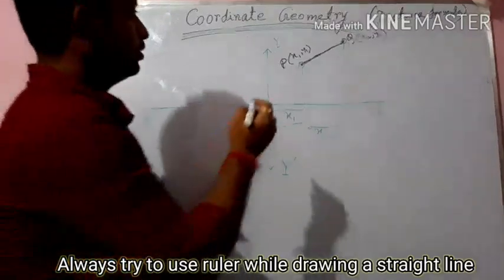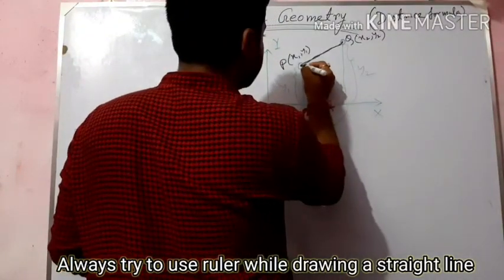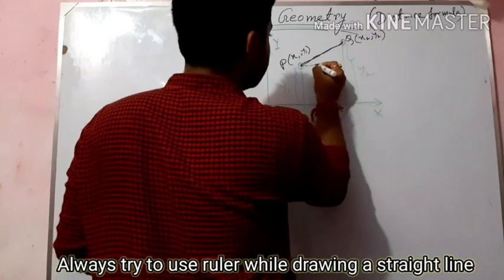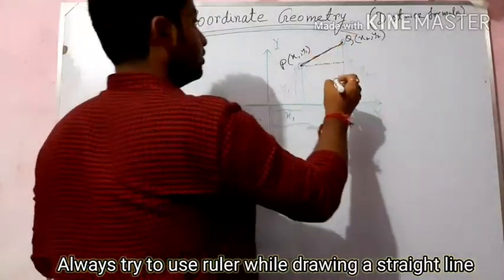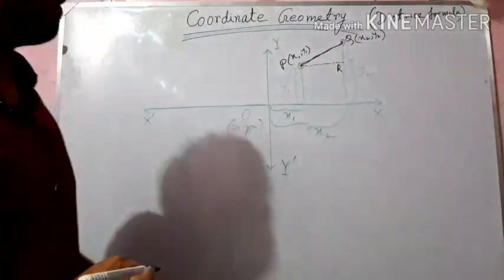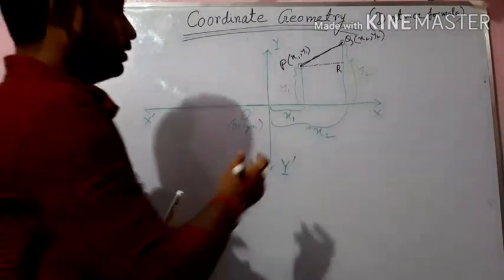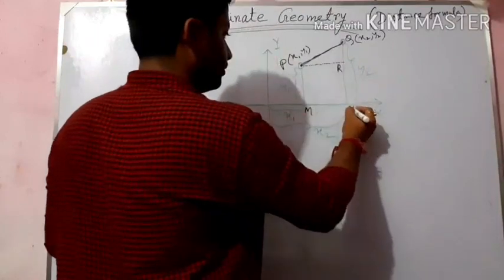Now let's draw a perpendicular on this line. Let's name it R. Let's name it M and N.